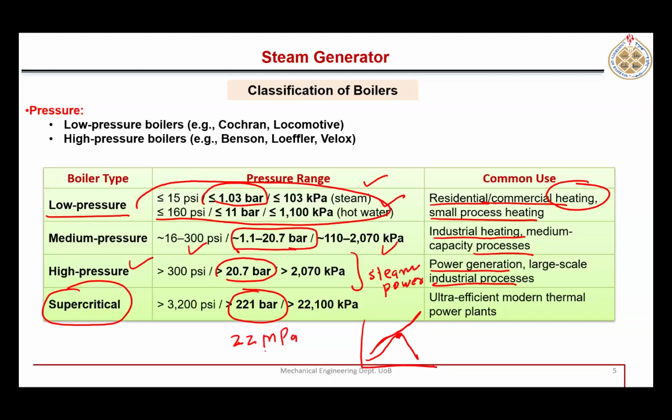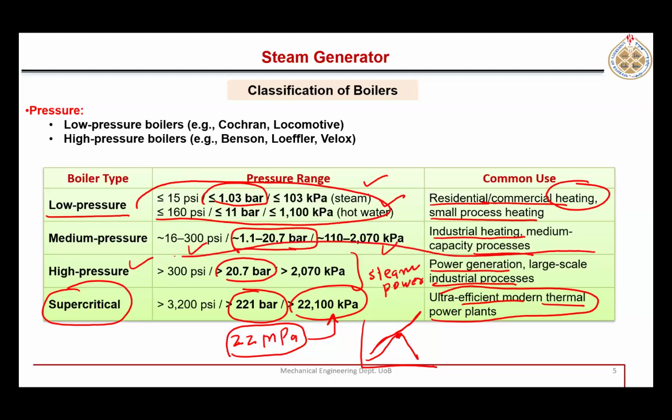All right. So if the pressure is higher than this, or 22,000 kilopascal, or 221 bars, then these are known as supercritical boilers, right? Because they are operating at such high pressure. So they are ultra efficient modern thermal power plants. But the majority of the boilers which are used for steam power plants fall in this range.